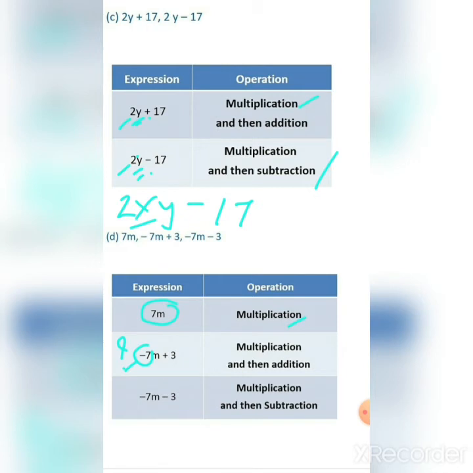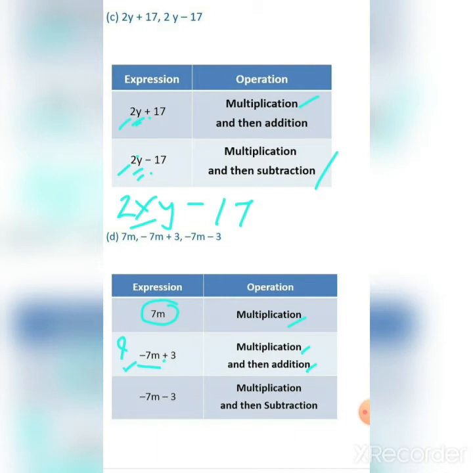It is just along with the number. The number is negative, we can see. But 7 is joined with m with the multiplication operator, and then 7m is joined with the addition sign to 3, so it is addition operation.